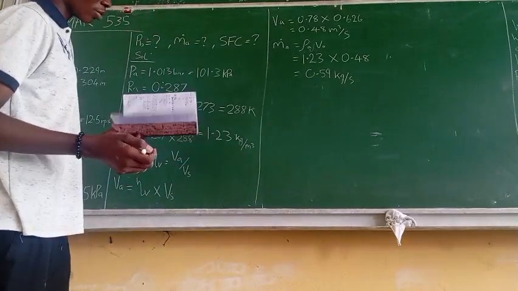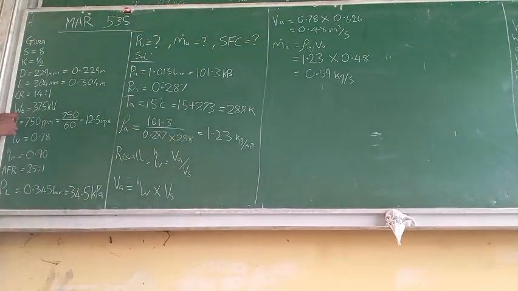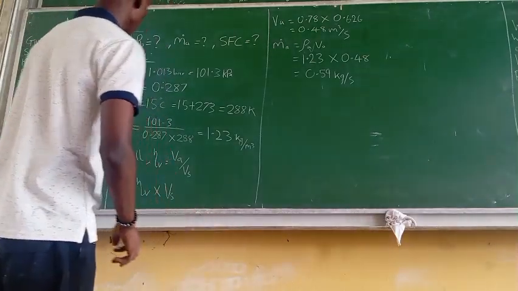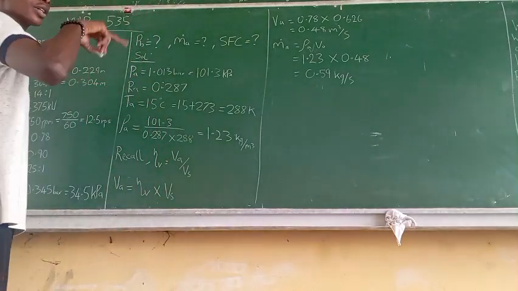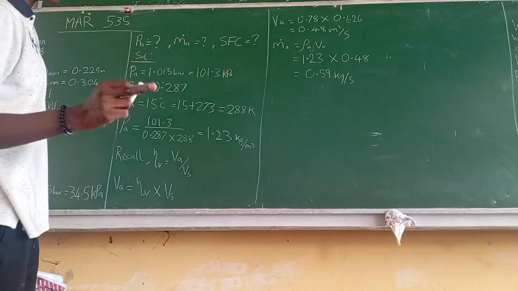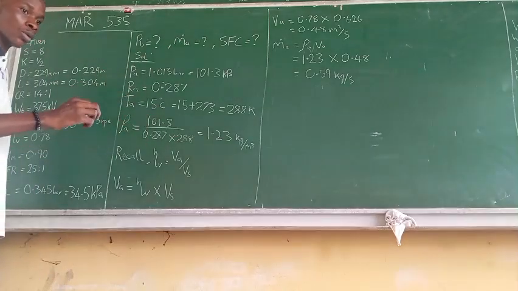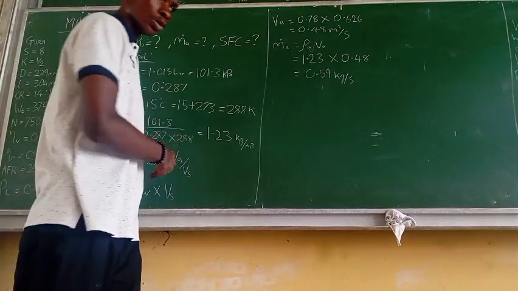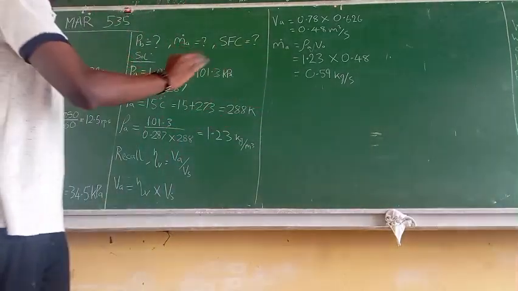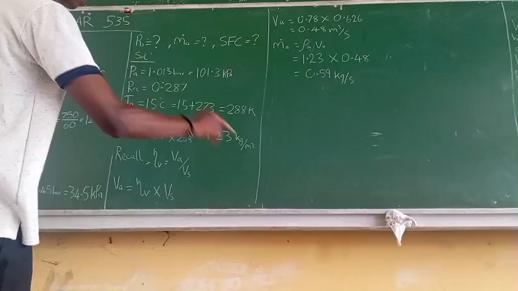Remember, I said working loop means the loop concerning your brake power. That is the pressure in your working loop, or the pressure with your brake power, which is your PB.